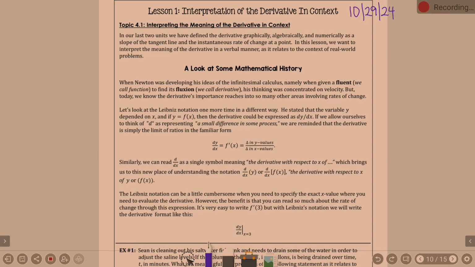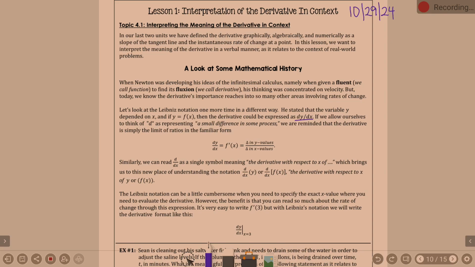Let's look at the Leibniz notation one more time in a different way. He stated that the variable y depended on x, and if y is equal to f of x, then the derivative could be expressed as dy over dx. We use that notation a lot, right? If we allow ourselves to think of d as representing a small difference in some process, we're reminded that the derivative is simply the limit of ratios in the familiar form.